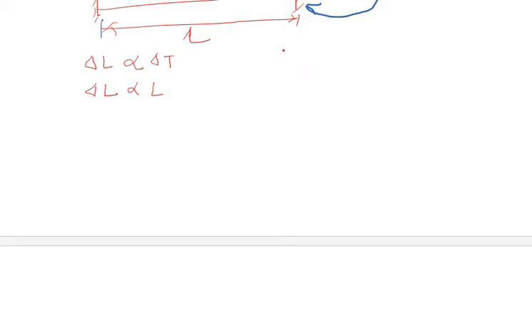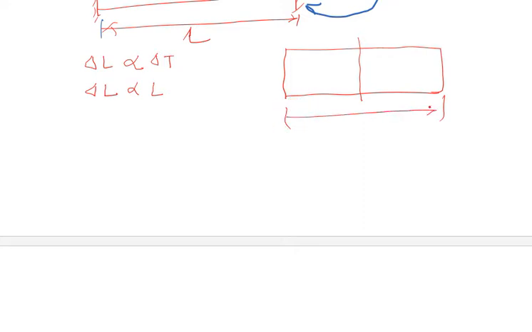How? Suppose there is a bar and the total length of the bar is 2L. So from here to here the length will be L, and from here to here the length will also be L. If we raise the temperature of the body by some amount, then what will happen?